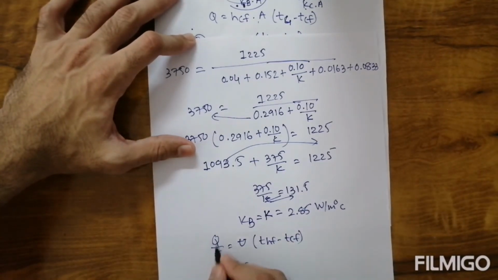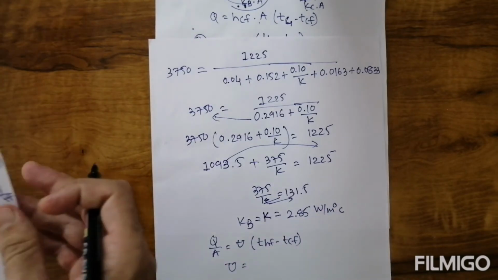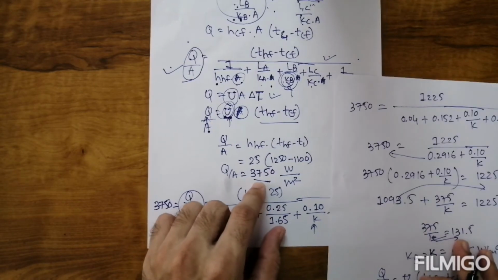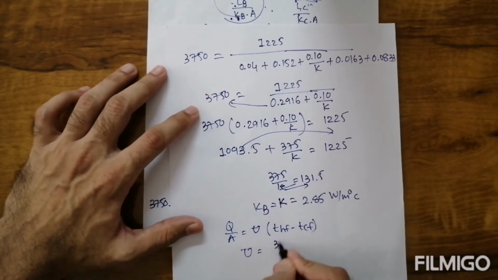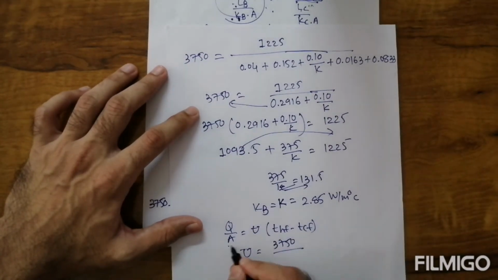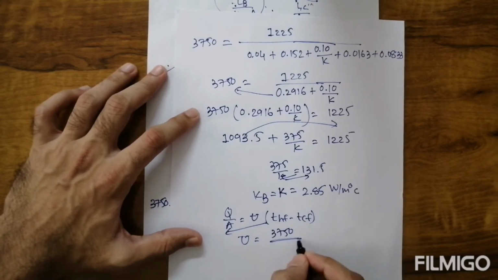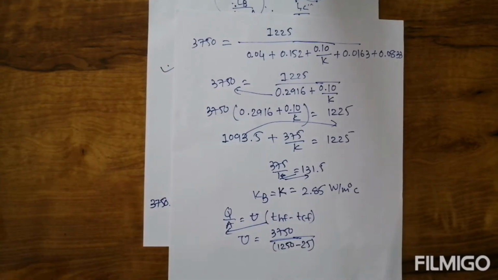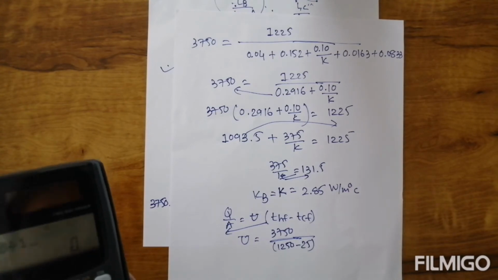We already found Q by A, which is 3750, so 3750 divided by THF minus TCF, which is 1250 minus 25, that is 3750 divided by 1225.